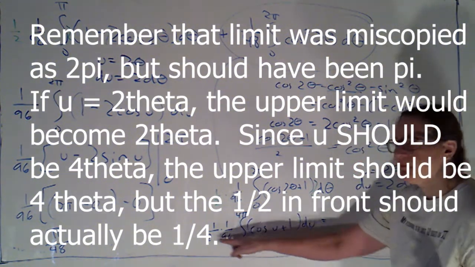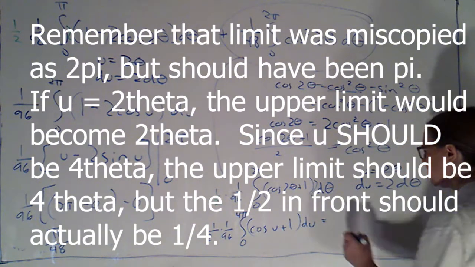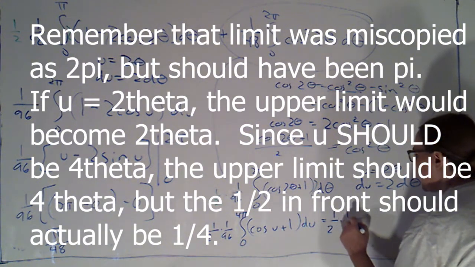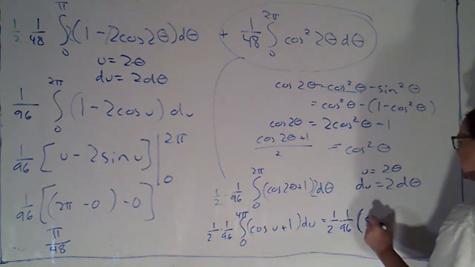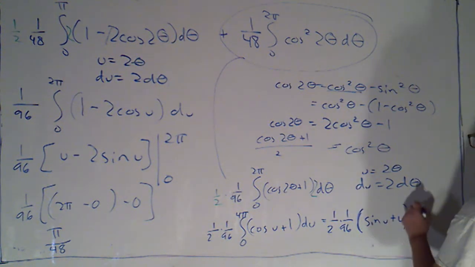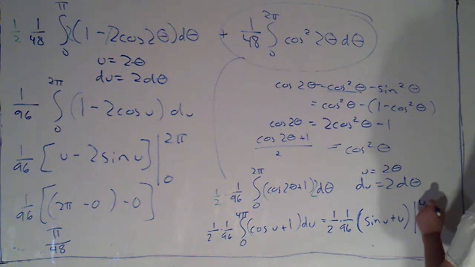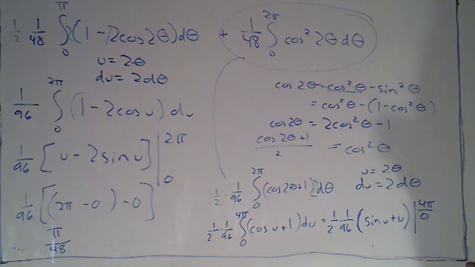I'm not bothering to multiply this out because I'm anticipating I'm going to be able to do some canceling. So that's 1/2 times 1/96. I'm going to get sine u plus u evaluated between 4 pi and 0. I need some space.